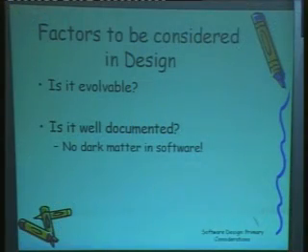To be able to evolve, it has to be well documented. You must produce all the important documents for the design. There are diagrammatic notations. You may also have text-based descriptions. You may also specify your designs. There must not be any dark matter left out.